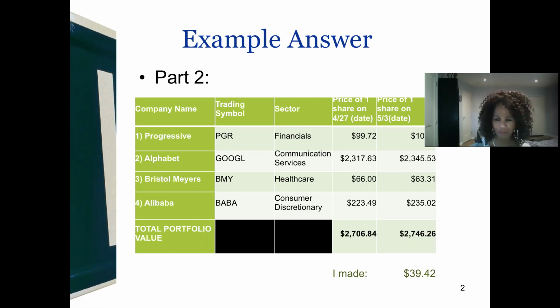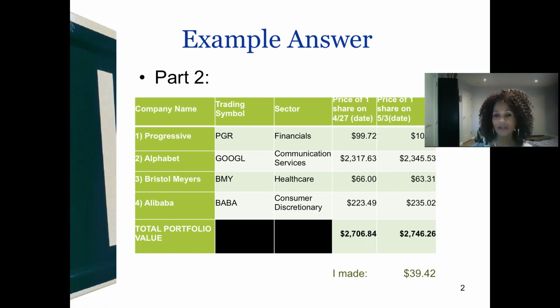And you can see in my case, overall, all of my stocks went up except for one, but net, my stocks went up when I summed the numbers together, $39.42. So it was a good week for me.